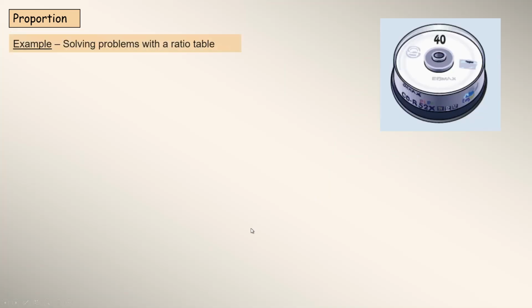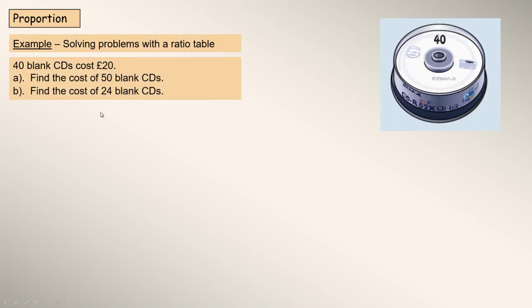Okay, so let's have a look at this example here. We got 40 blank CDs costing £20. Find the cost of 50 blank CDs, and then in part B find the cost of 24 blank CDs. So what I can do is set up a table with the number of CDs and the cost in pounds.